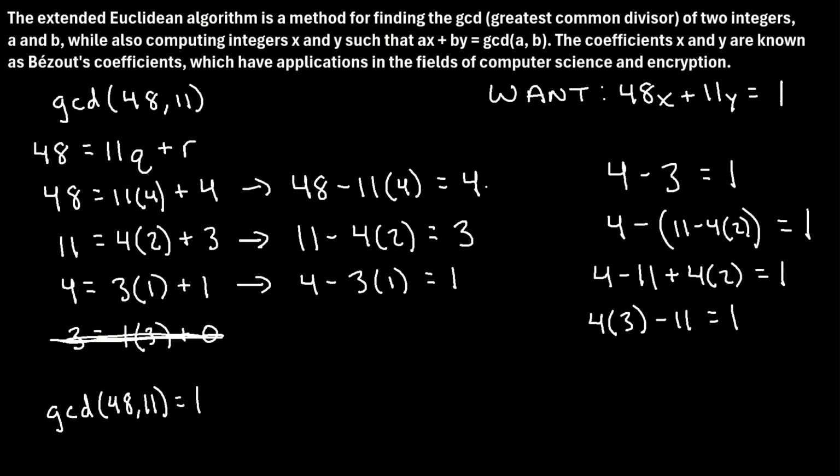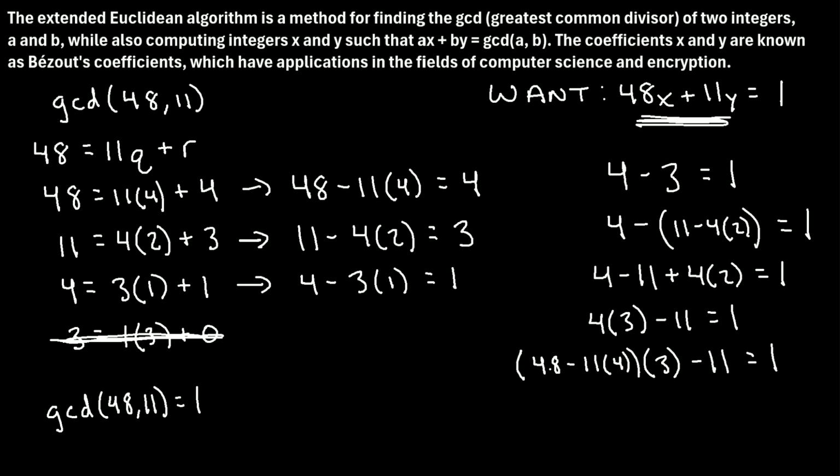And the very last step is we're going to use this last equation where we see that we have a 4, so we're going to take this equation and just plug that in for the 4 right here. So when we do that, we get 48 minus 11 times 4 times 3, and then minus 11 is equal to 1. So remember what we're trying to do here. We're trying to get this equation right here, which involves a 48 and an 11.